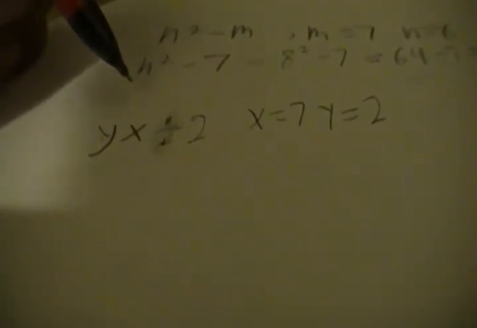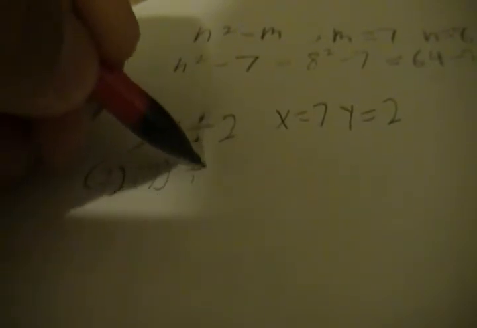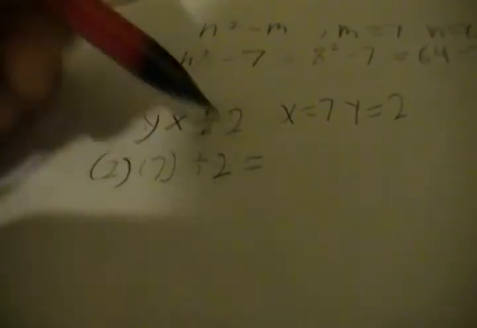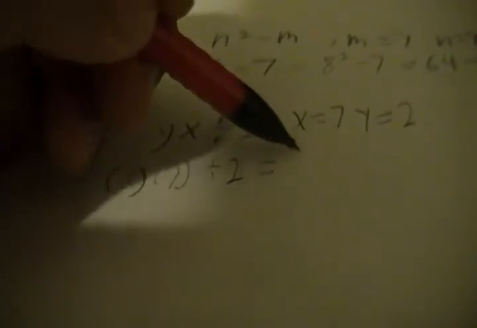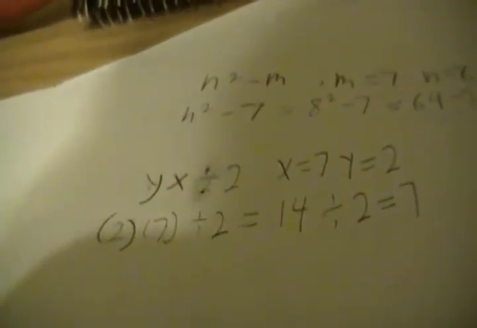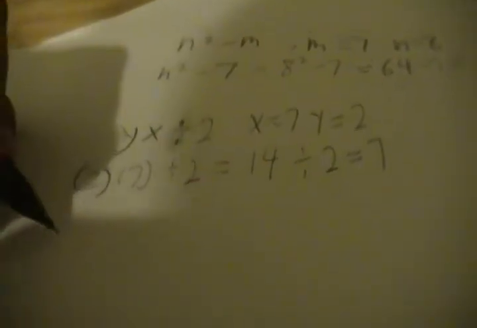So let's plug in the values of x and y. y is equal to 2, x is equal to 7, then we divide that by 2. So 2 times 7 is equal to 14, and then we divide that by 2, which is equal to 7.